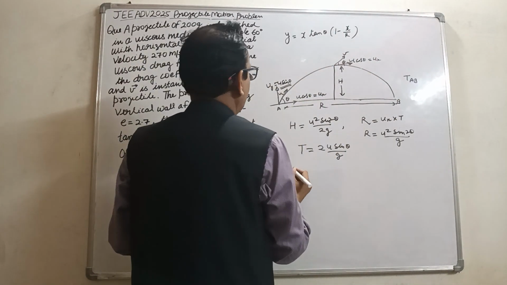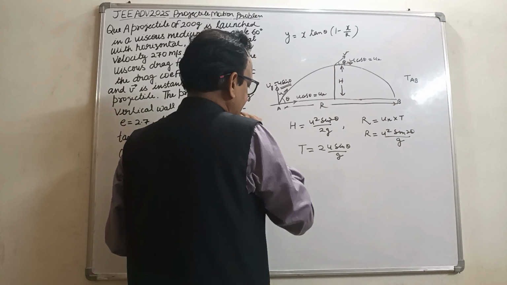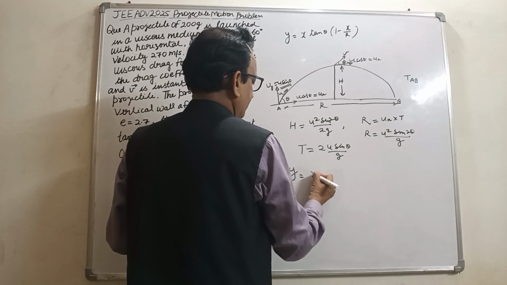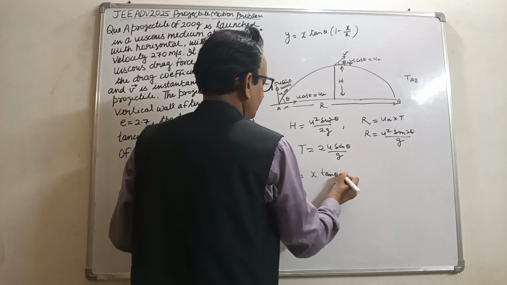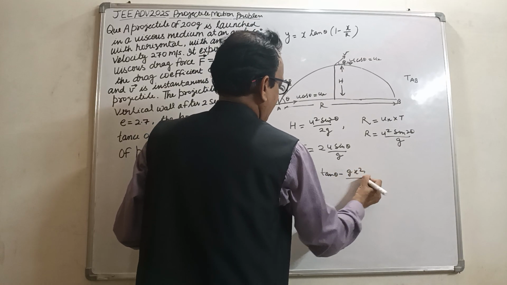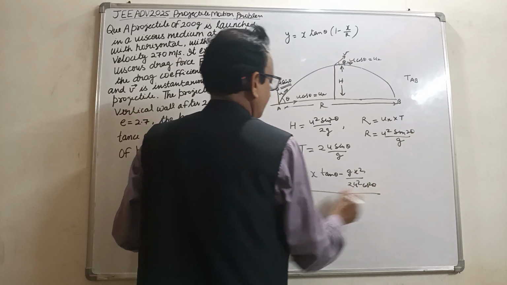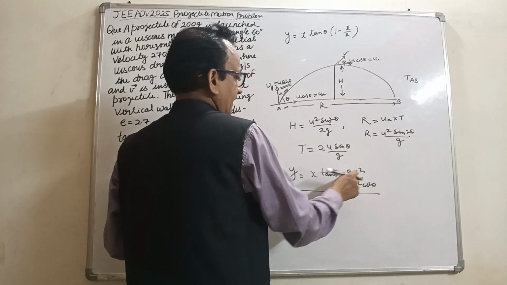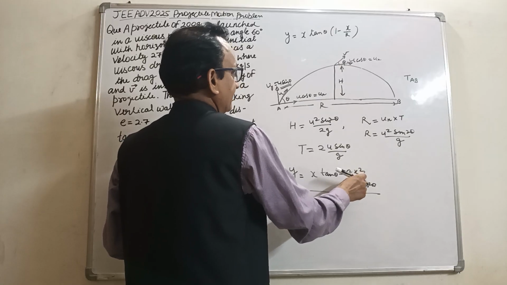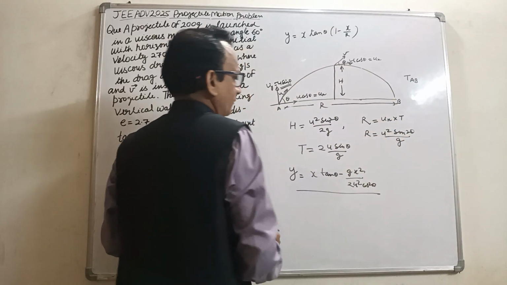So this is the equation of parabola. We can also write the parabola equation as y equals x tan theta minus g x square upon 2u square cos square theta. Here the x square term is negative, so this is a downward parabola.